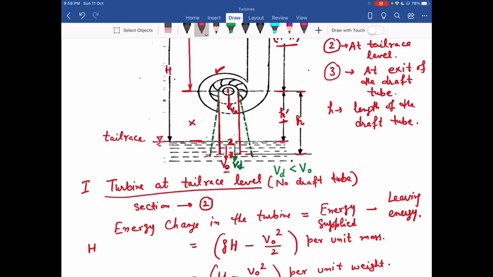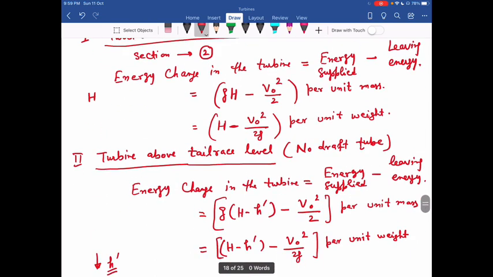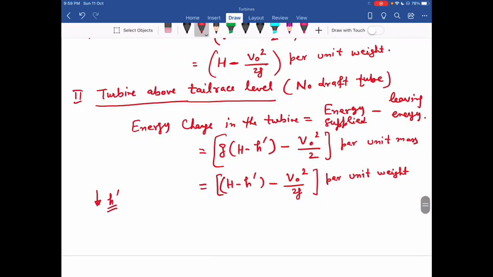Sorry. You can say this is the height above which we install the turbine from the tail race level. So that amount of head is going down in case turbine installed above the tail race level and there is no draft tube.